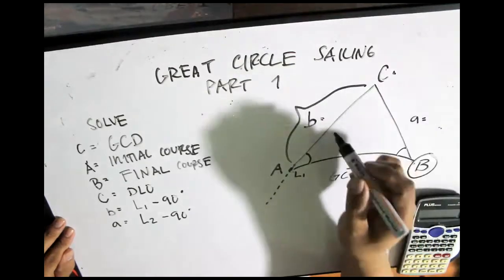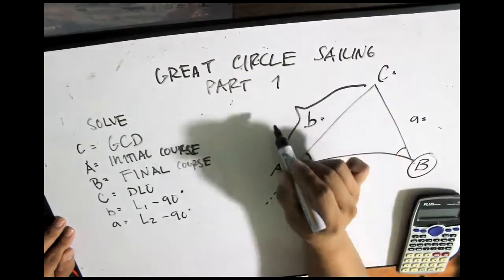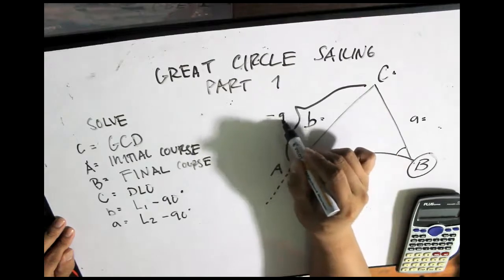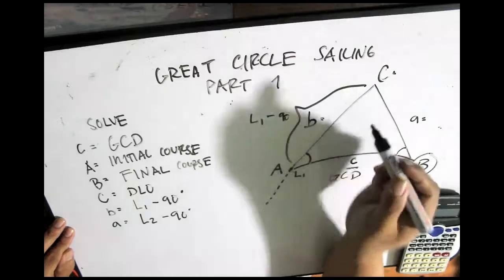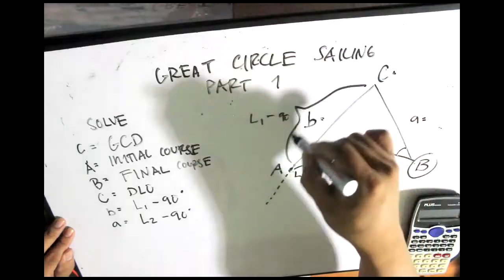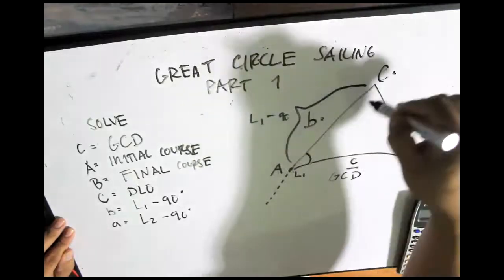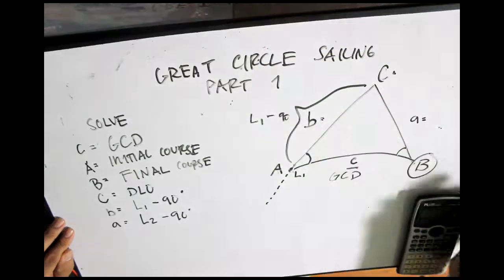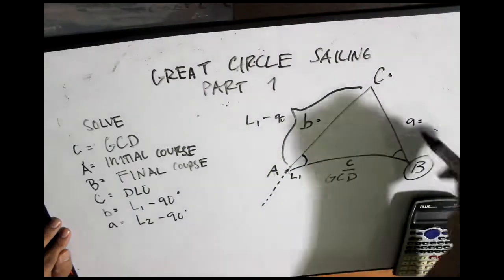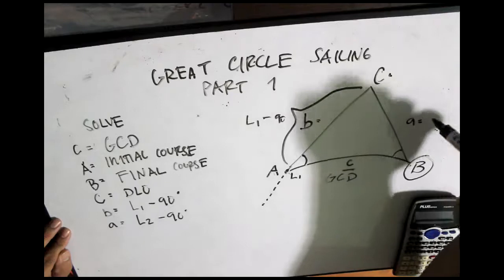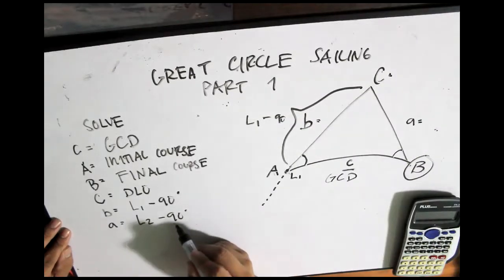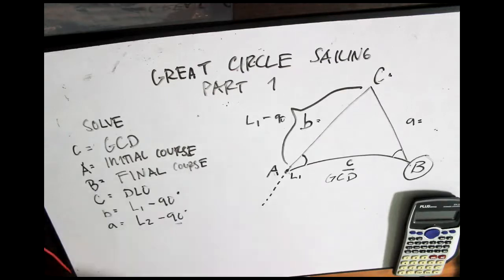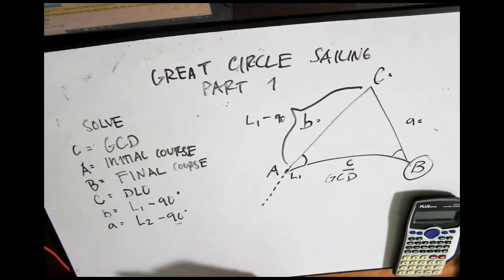Okay, so to determine the distance, we must subtract it by 90 degrees. The latitude 1 must be subtracted by 90 degrees to determine the distance of this one to the pole. No? Same dito sa kabila. Here. No? We must subtract it by 90 degrees. Okay? So that is the labeling of the parts. Okay?